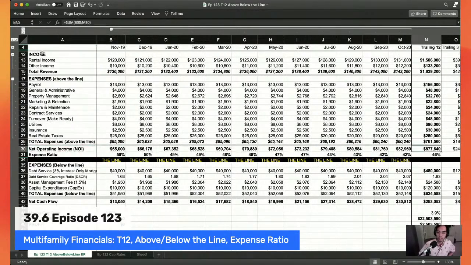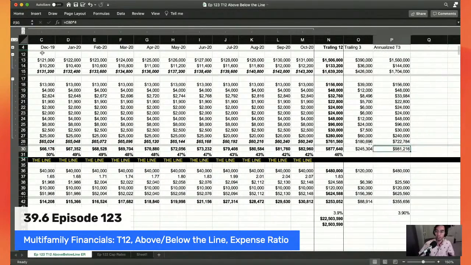So I have to recalculate the net operating income. Okay, so net operating income equals the total revenue, 1.7 minus the expenses. So that's going to be at 981,000. I don't know why that's wrong, but that gives you a different number for a different valuation because you have higher revenue over here than you do when you look at the whole trailing 12. I don't know, my calculation's off, but that's how a trailing 3 would work.